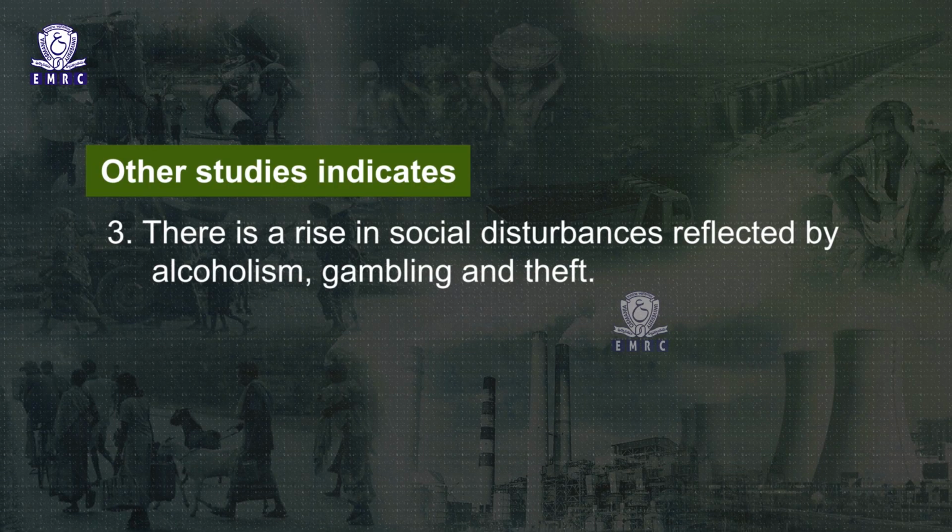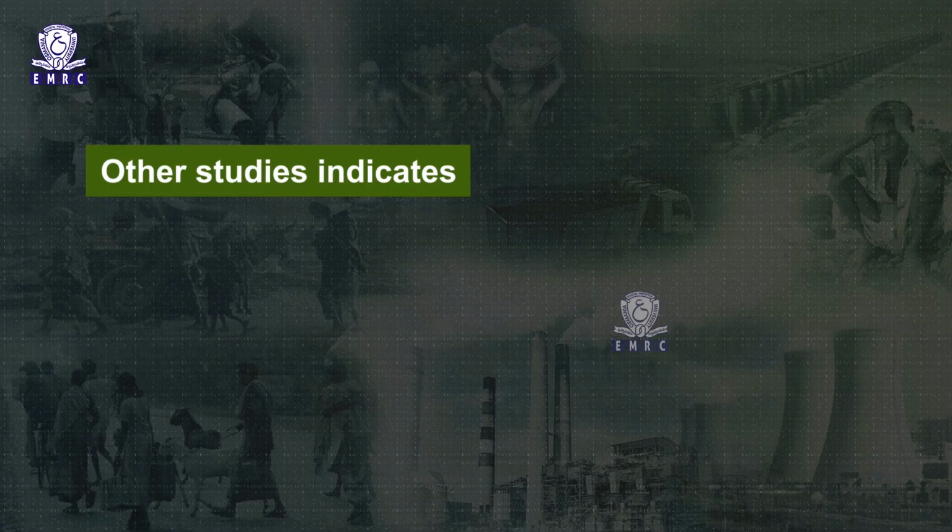Third, there is a rise in social disturbance reflected by alcoholism, gambling and theft. So, this increase in social problems has directly affected the lives and status of women by way of violence inflicted on them.